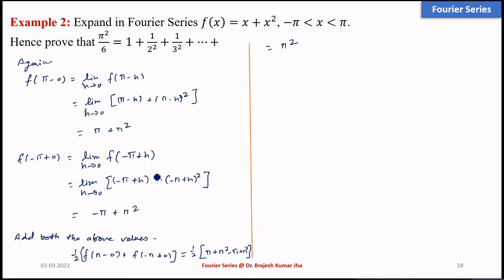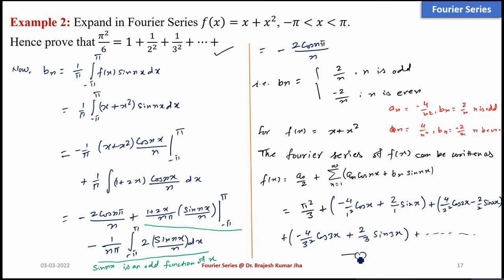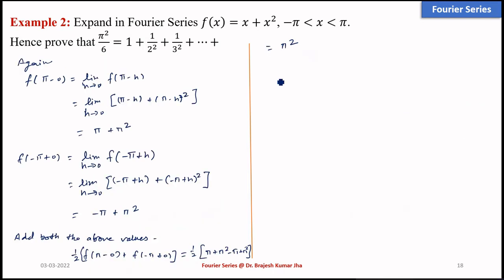So now we put x equal to pi in the Fourier series of f(x), that is x plus x square.